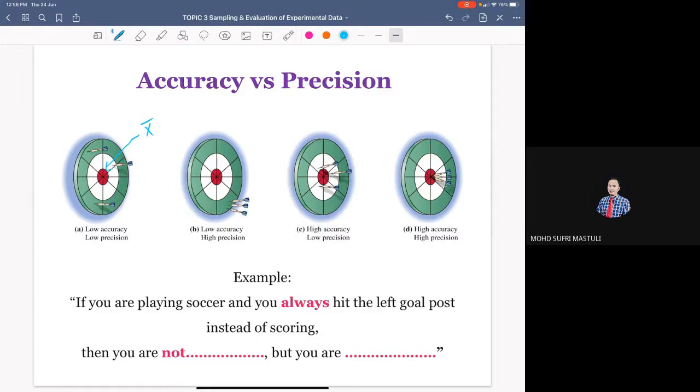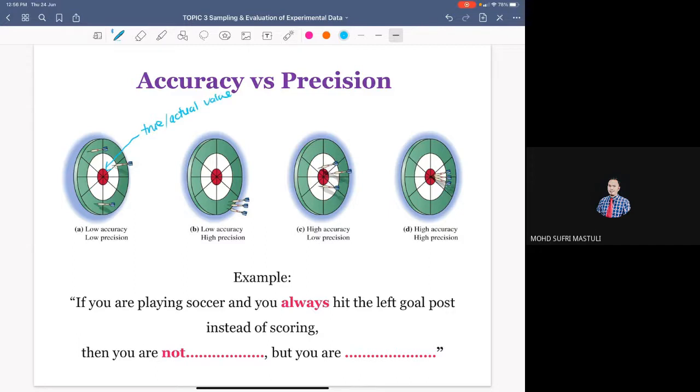The mean value is related to... what is it? It's not the mean value. This one, sorry, it's not the mean value. This one is the true or actual value.